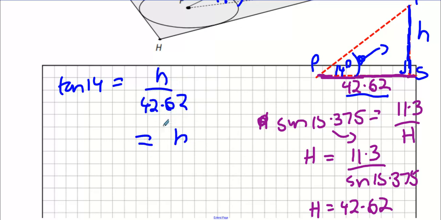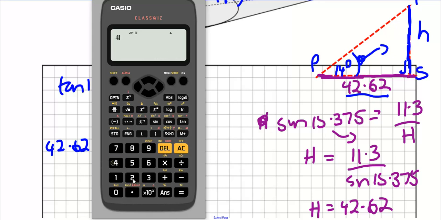Transfer the 42.62, which is division on the right, becomes multiplication on the left. And what we're going to get is 42.62 tan 14, 10.62 or 10.63.